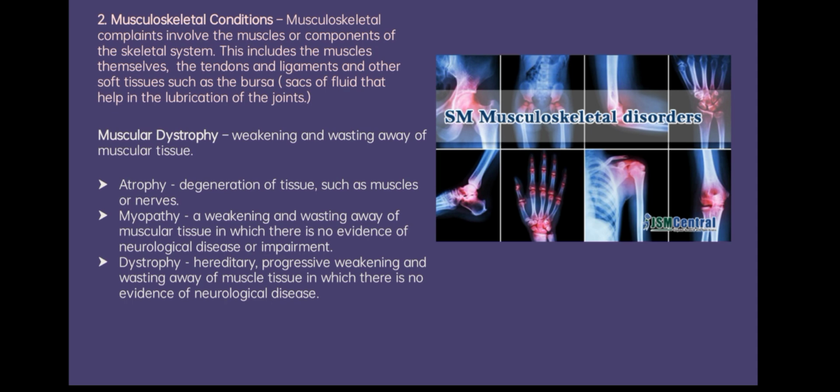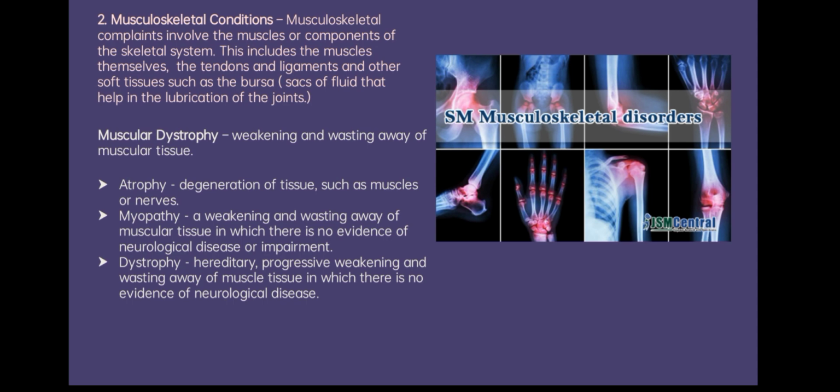So this includes the muscles themselves, the tendons and ligaments and other soft tissues such as the bursa, sacs of fluid that help in the lubrication of the joints. Muscular dystrophy is the weakening and wasting away of muscular tissue. It has 3 types: atrophy, the degeneration of tissue such as muscles or nerves.